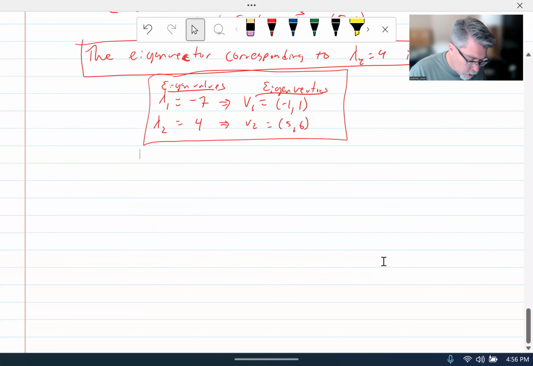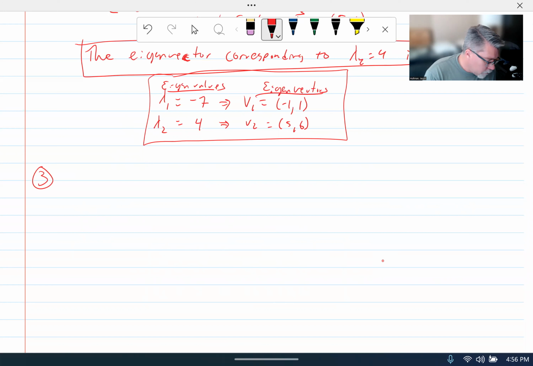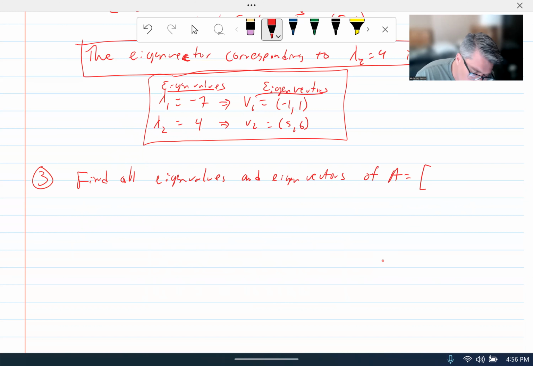What happens when we have imaginary values here? Okay, number 3. Find all eigenvalues and eigenvectors of A equals [9, 37; -1, -3].